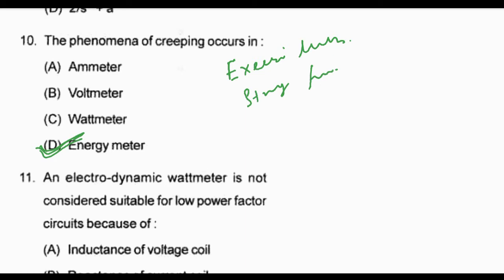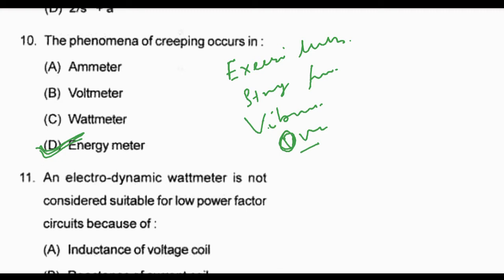If there is an external magnetic field near the energy meter, then the disc will start to rotate even when there is no current in the current coil, that means no load is drawing current. Another cause is vibration, over voltage, and excessive static friction compensation. So these are the causes of creeping.